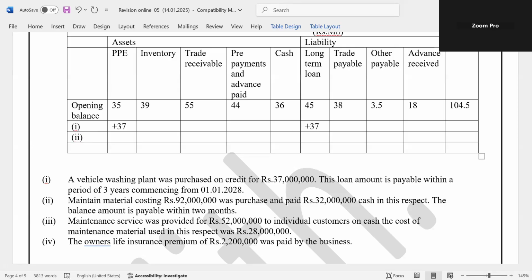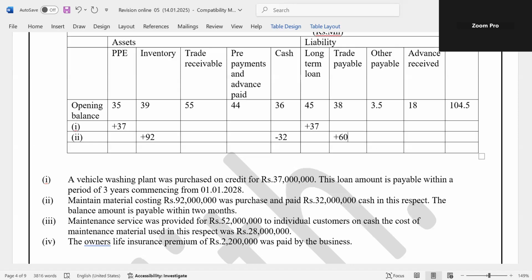Therefore, inventory increase 92, plus. As well as paid in cash only 32 million, cash minus 32. Trade payable, a liability, increases by the balance part, 60, on credit purchase.